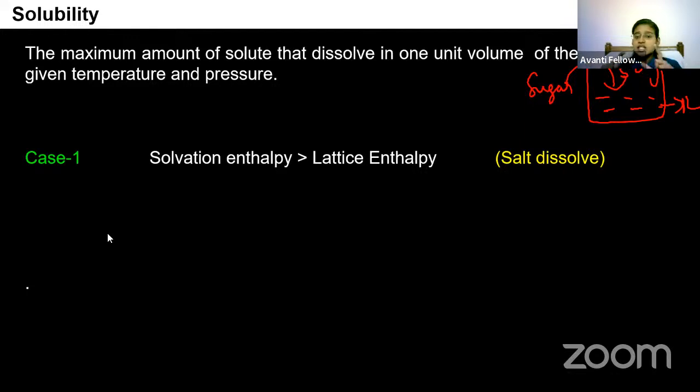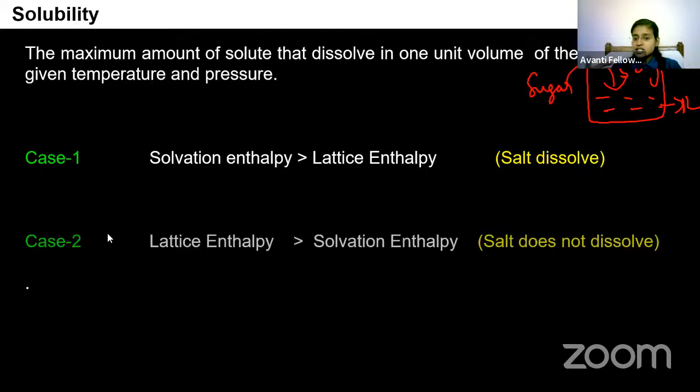If the hydration enthalpy value is more, then the particular salt will get dissolved. If the hydration enthalpy is less, then the salt will not dissolve. This is how we calculate solubility using the lattice enthalpy and the hydration enthalpy values. Got it? Clear? Shall we go for the next slide?